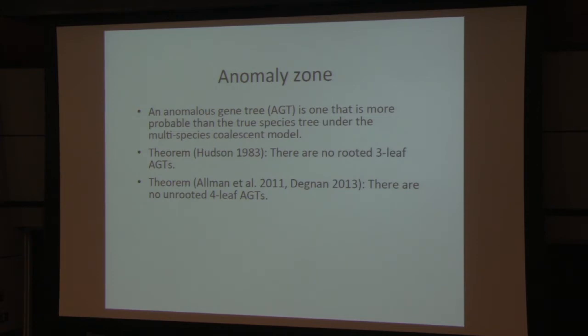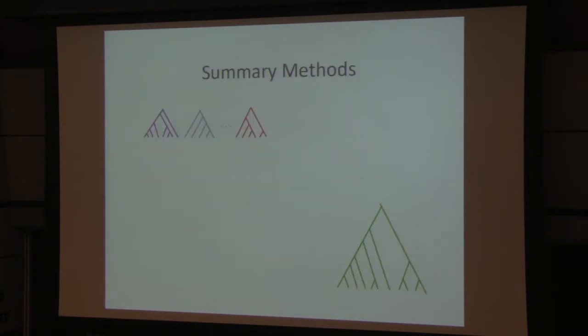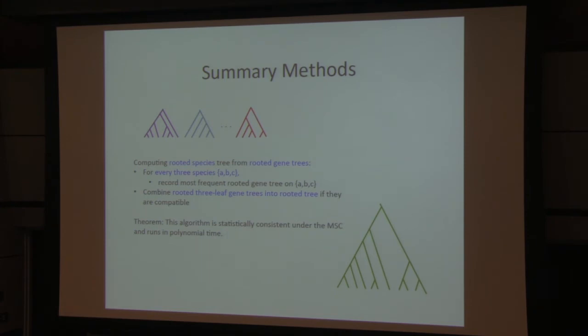For 4 species, it's the same story. So summary methods that are going to combine gene trees. For rooted ones, for every 3 species, look at all the gene trees, take the most frequent gene tree you see, and if you have enough gene trees, the most frequent one will be the most probable one, and so you won't make a mistake. And if you don't make a mistake on any 3, then you can combine them by finding sibling pairs and recursing.